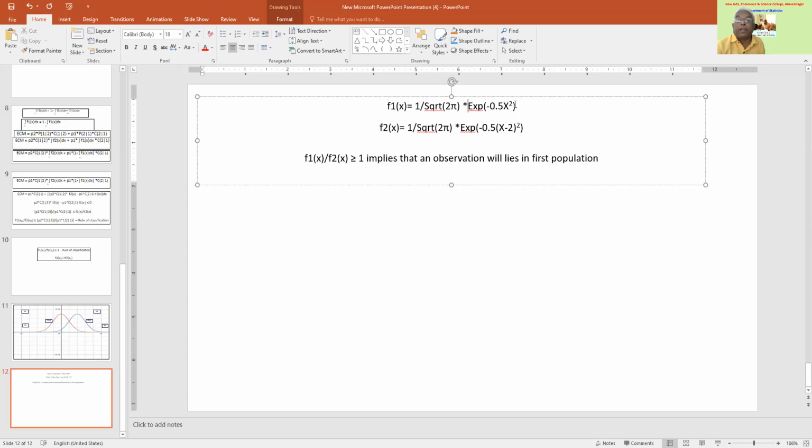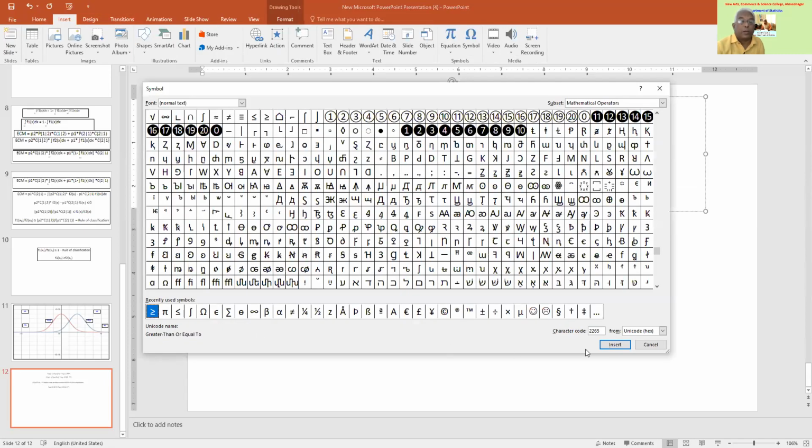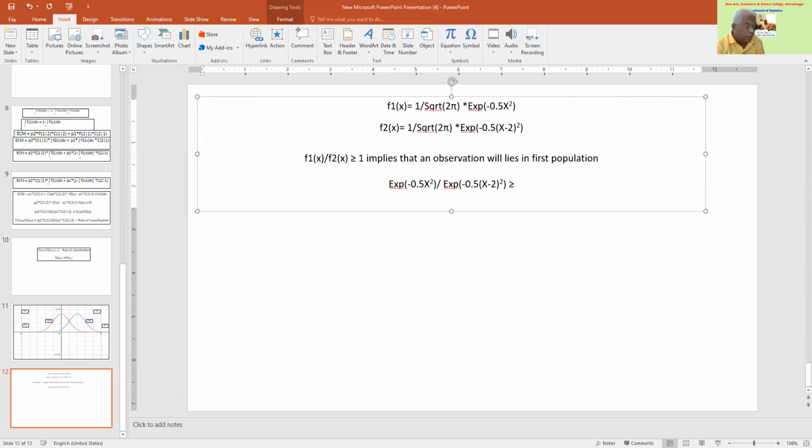And what I can write is this divided by this, greater than or equal to 1. If this condition is satisfied, we will say that the observation belongs to the first population.